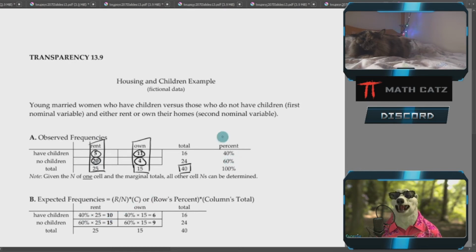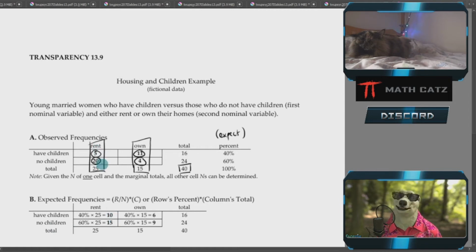This is what we expect without looking at renting or owning, just the first variable only. We expect in the rent column to have 60% be not having children. So we expect numbers of 10 and 15.